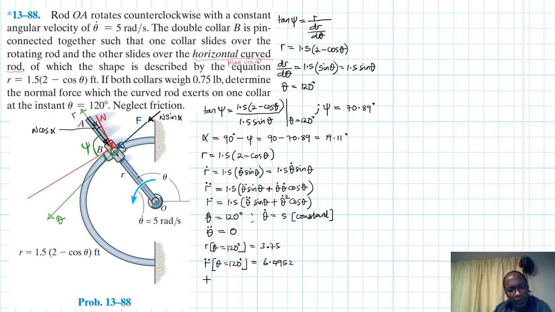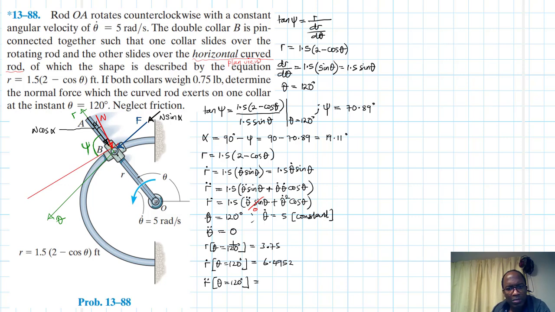All right, and then no, this one is theta dot. This is theta dot, not theta double dot. This is the one I was working. Then I have theta double dot at theta equal to 120. So this part is 0. This one here is 0.